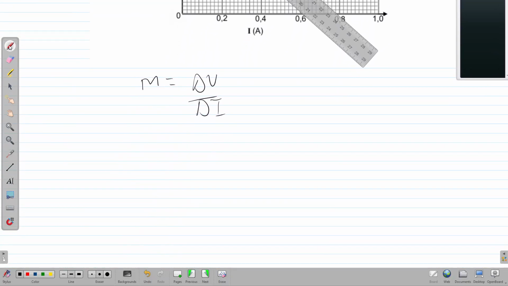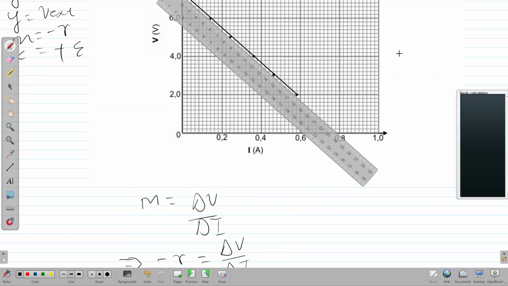That means our minus r is delta V over delta I, and I'm going to select these points. This is 0.58 when it's 2, and 0.36 when it's 4.